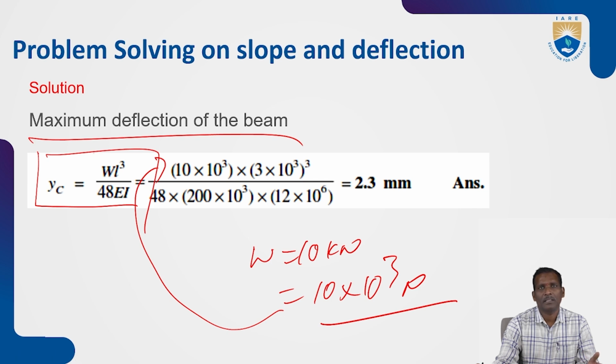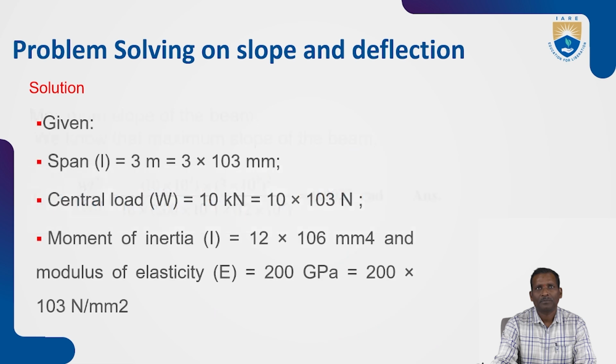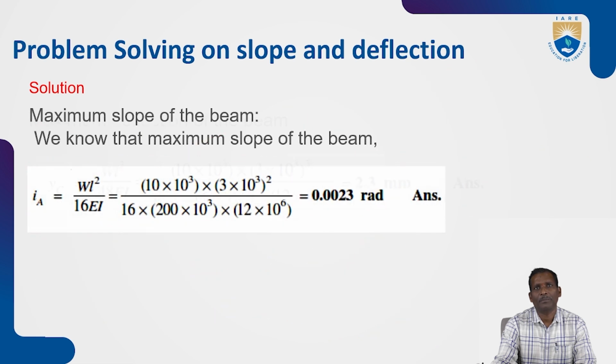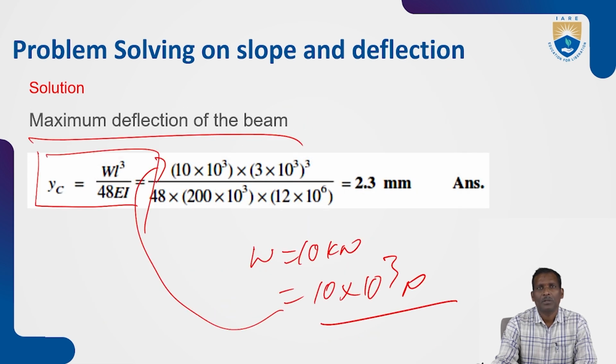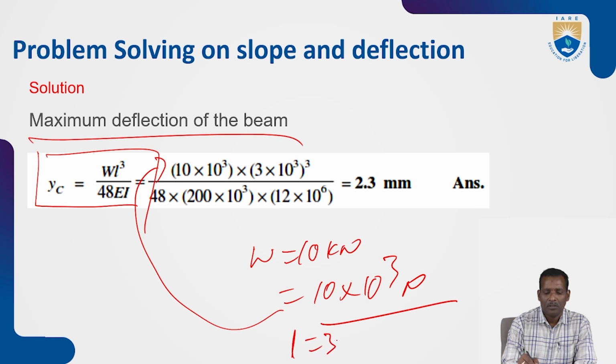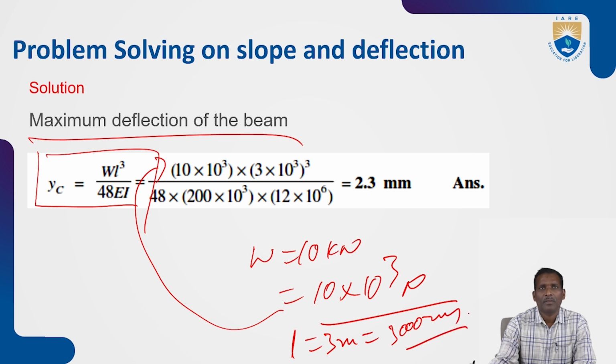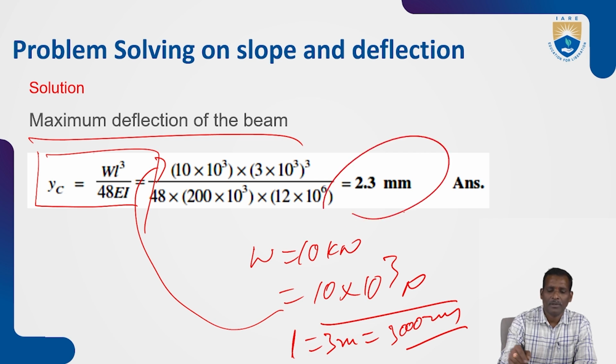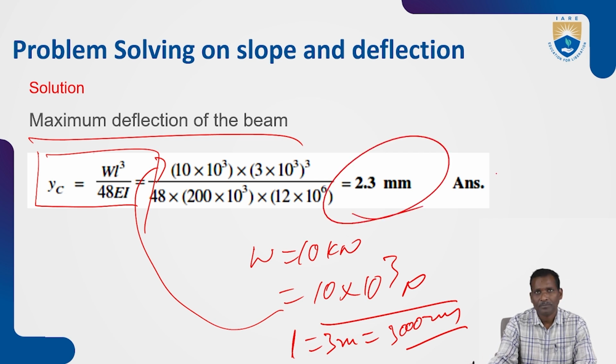Multiply with L. L also, in meters or mm? Meters, convert into mm. So 3 meters, convert into mm. So 48 into EI. So the maximum deflection of the beam will be 2.3 mm.